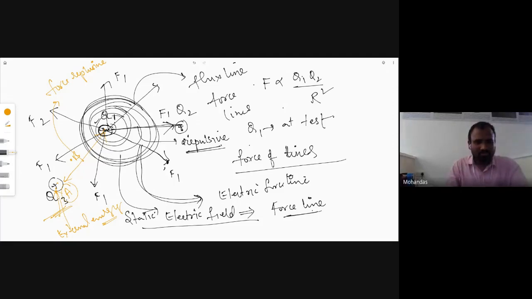So we have to expend some energy to move the charge Q3 in the presence of which field? Electrostatic field, or static electric field. If you are expending some energy, it means you have to do some work.